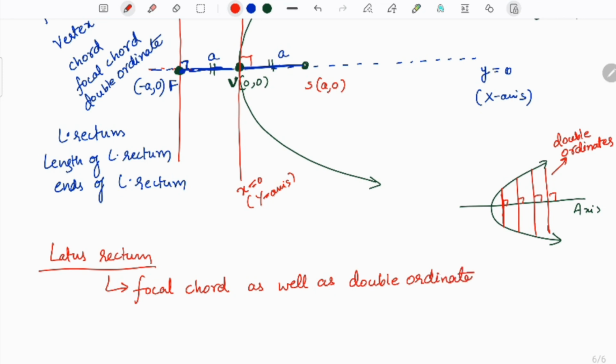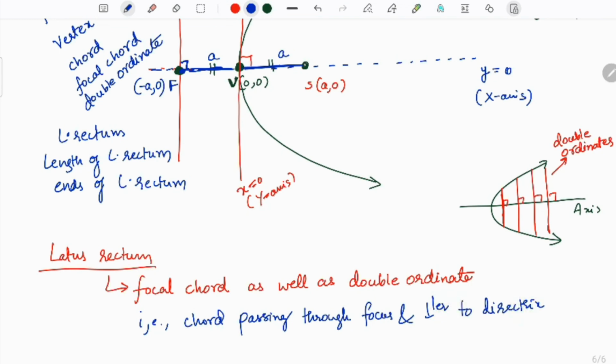So chord which is passing through focus and perpendicular to directrix. So chord should pass through focus, and it should be perpendicular to directrix. So this is latus rectum.